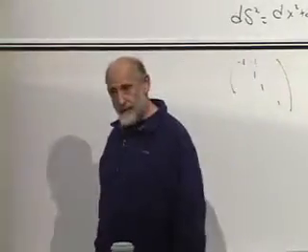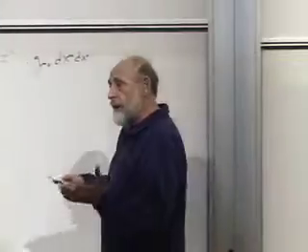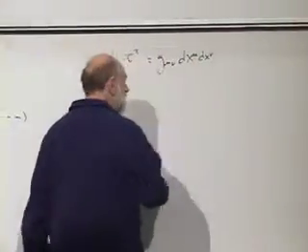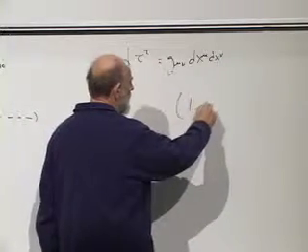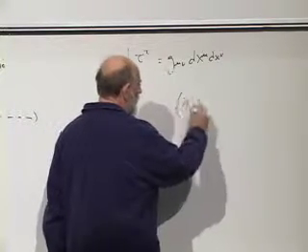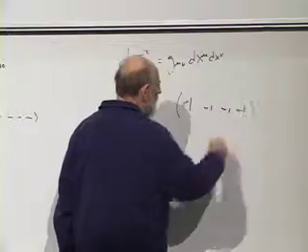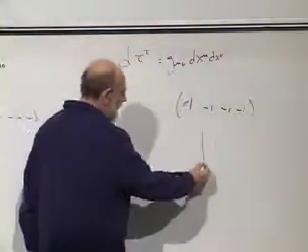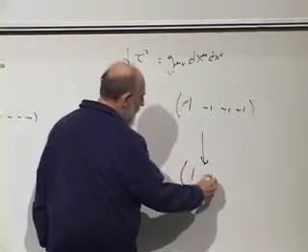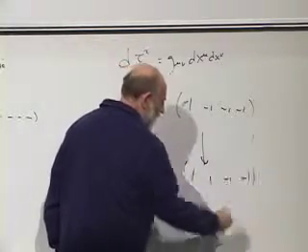For example, how do I know that some g mu nu, let's say 1, minus 1, minus 1, minus 1, won't evolve in time and eventually become 1, 1, minus 1, minus 1.